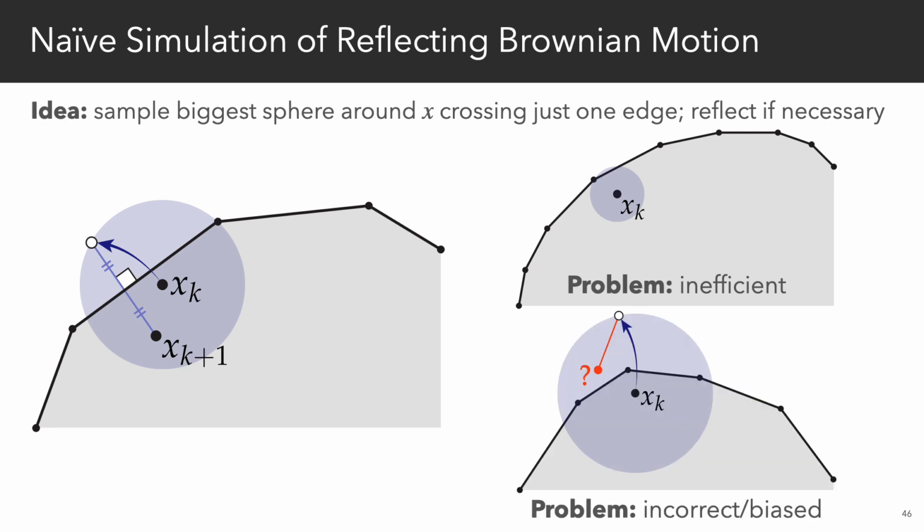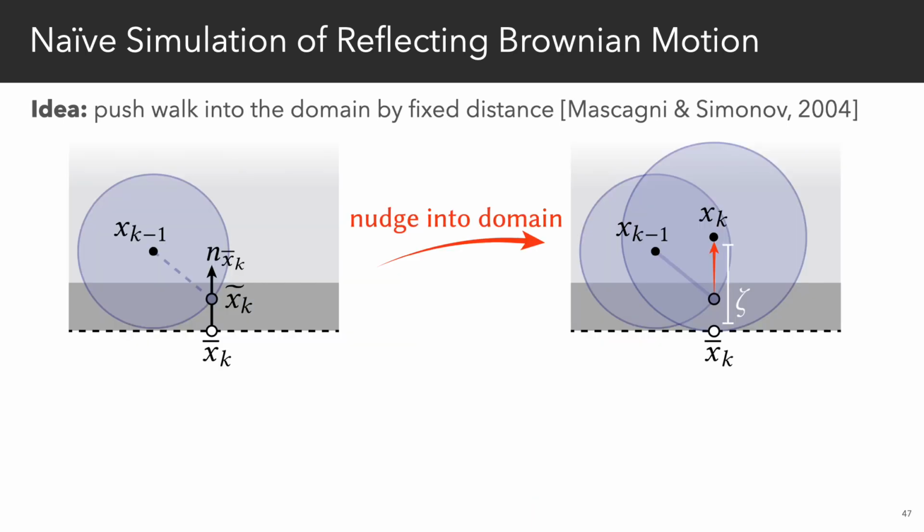Now, we could use a bigger ball and some heuristic for reflecting back into the domain, but if we do this, then we'll necessarily have error or bias because of the curvature at the vertices, which sort of negates the key strength of walk on spheres, which is that it simulates Brownian motion in an unbiased way. So another option is to just push a random walk back into the domain by a small fixed distance if it enters the epsilon shell around the Neumann boundary.